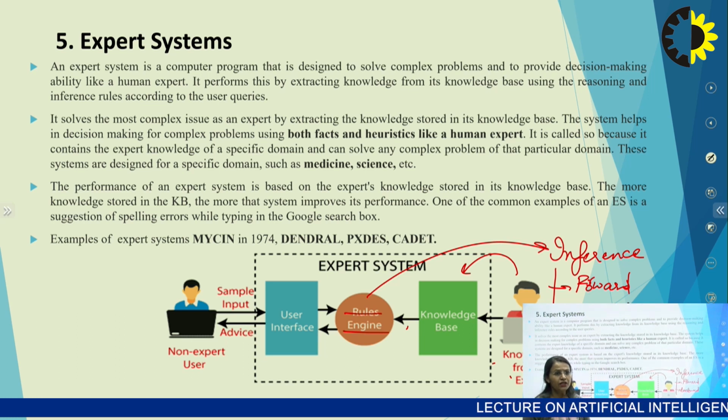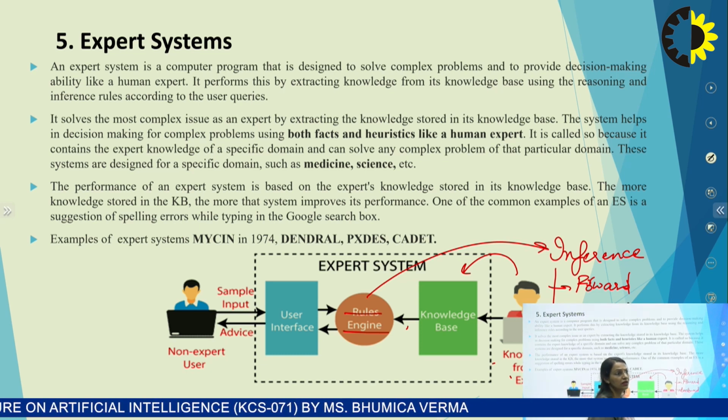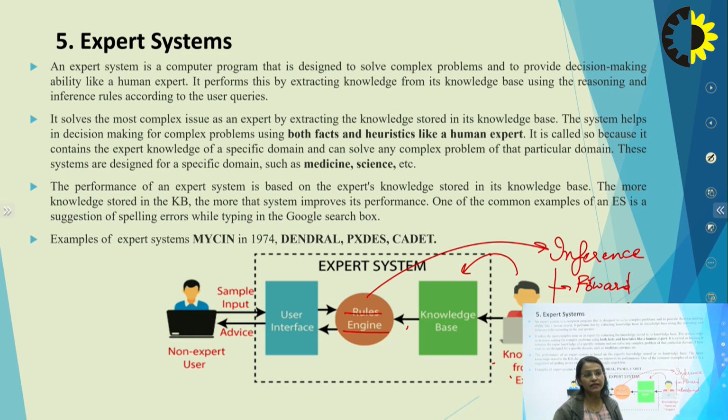As the knowledge base is here, it uses both the facts and the heuristics like human experts. It is called so because it contains the expert knowledge of some specific domain and can solve any complex problem of that particular domain. So these systems are basically designed for a specific domain or field, such as medicine or sciences.